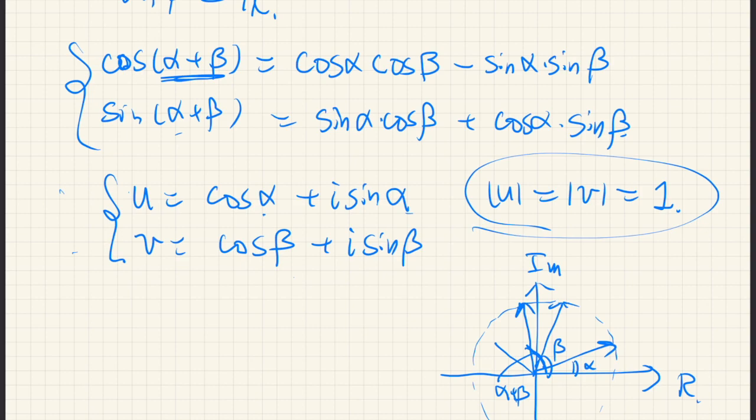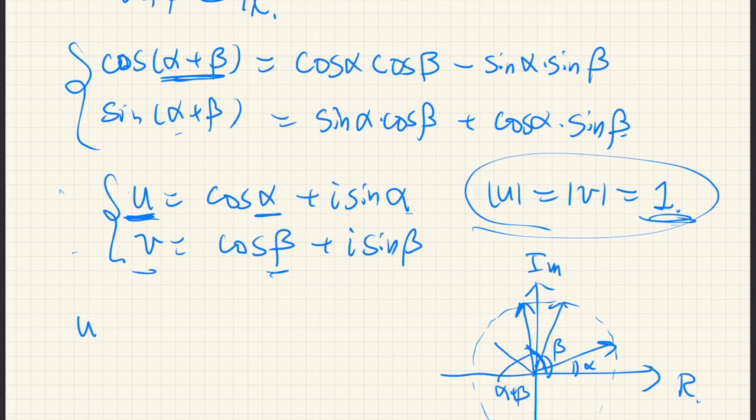Okay, now as we have seen in a previous video, multiplication by a complex number with modulus of 1 corresponds to rotation by its argument. In this case the argument of u is alpha and the argument of v is beta.